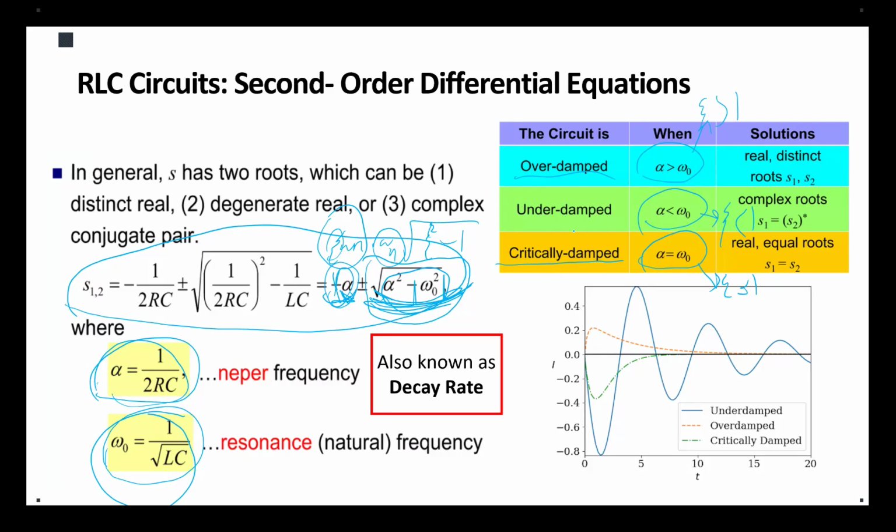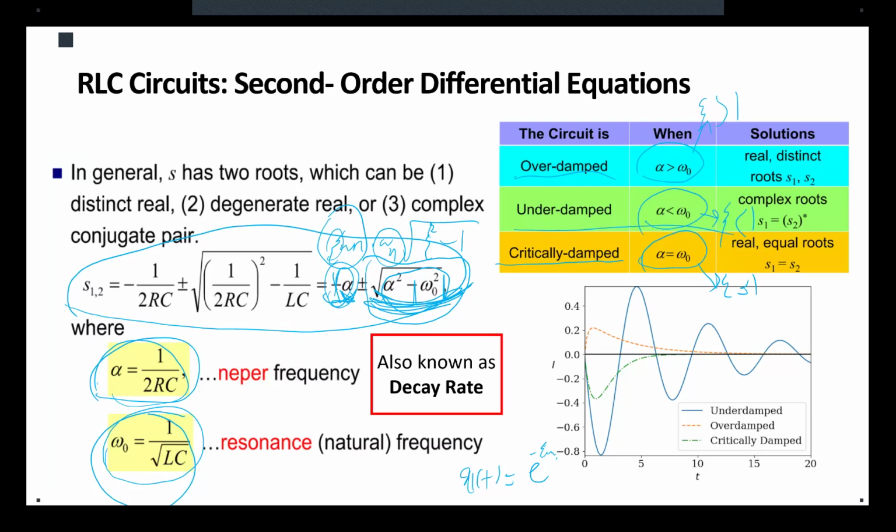Now, your circuit is going to be under that, so you are going to have an oscillation frequency. The formula is that x of t is going to be e to the power of minus psi omega n t times A times cosine of omega d t plus B times sine of omega d t. We call this oscillation frequency omega d.